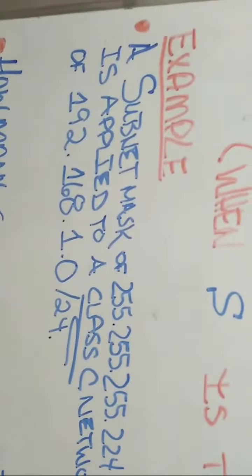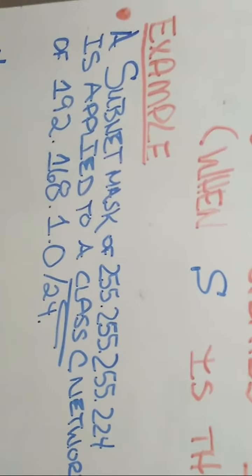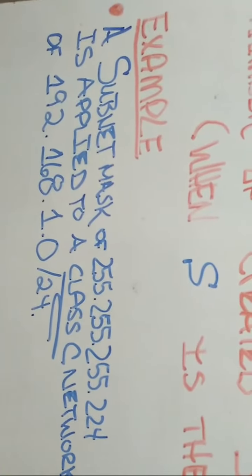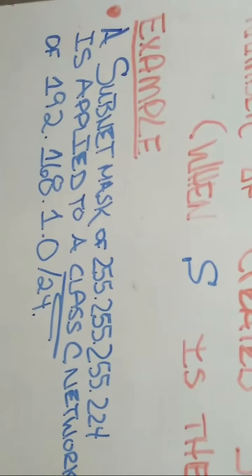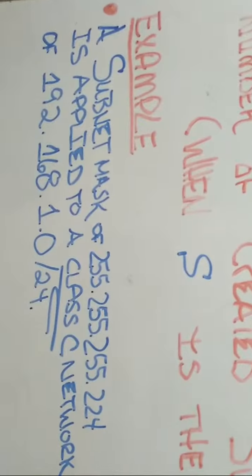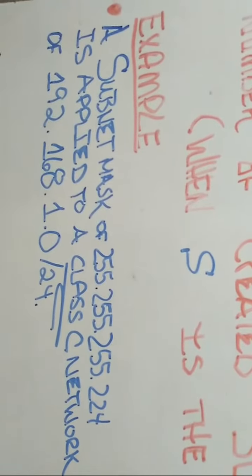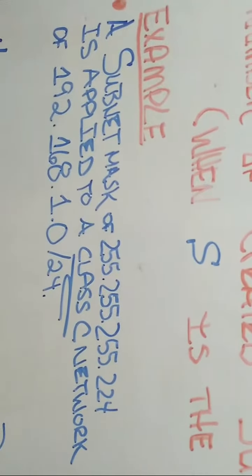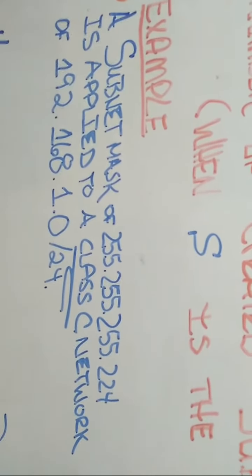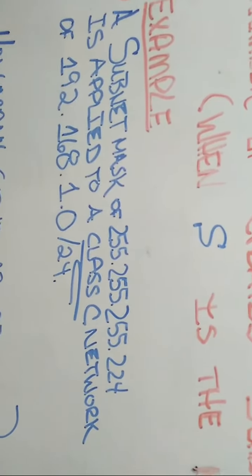So in this case, we want to say we've got a subnet mask of 255.255.255.224, and we apply that subnet mask to a Class C network of 192.168.1.0/24. And the question is, how many subnets did we just create?